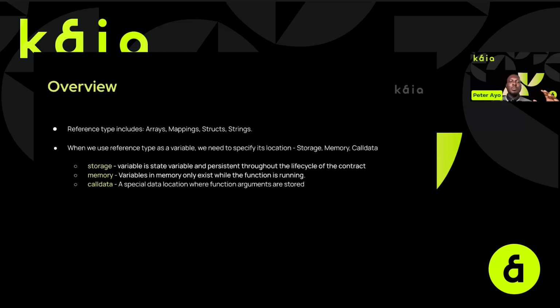And that's what we mean by a variable being stored in storage. Now, when we say that a variable is stored in memory, it means that variable only exists when the function is running. And so once the function is executed, the lifecycle is terminated.